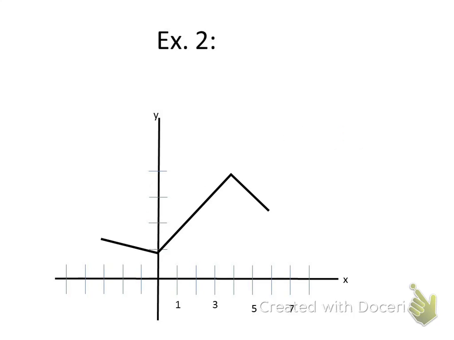One more time, pencils down. Keep watching. Okay? Just looking at the graph, I can tell from left to right, it's decreasing, then it's increasing, and then it's decreasing. So it's decreasing twice and increasing once. Okay? So on my answer, I should have 1 answer for increase and 2 answers for decrease.